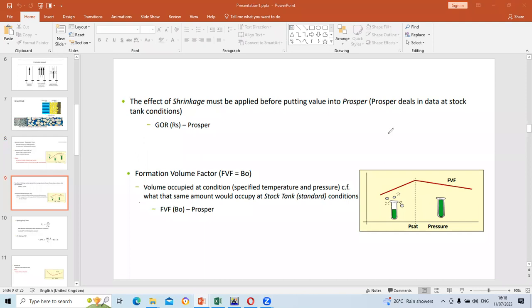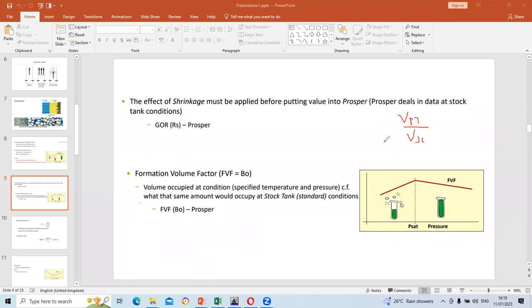So if I have the volume at PT condition divided by the volume at the standard condition. Remember, the standard condition is the lowest volume that it can have, because at standard condition, all the gas must have been liberated.